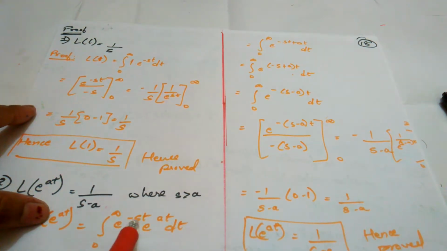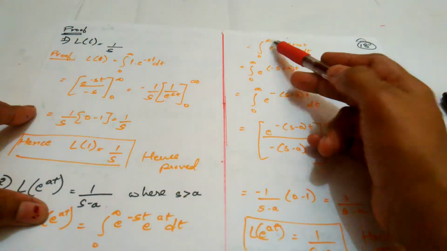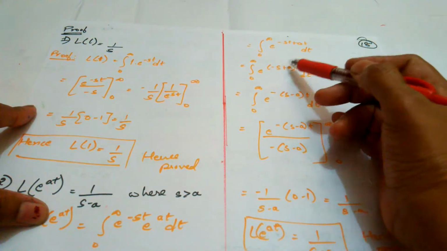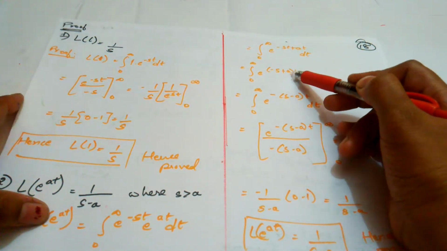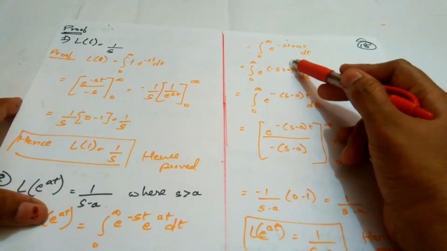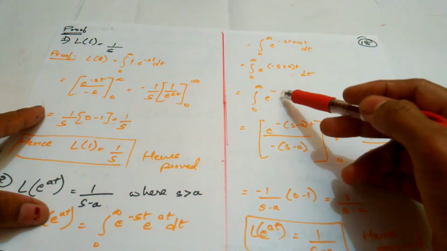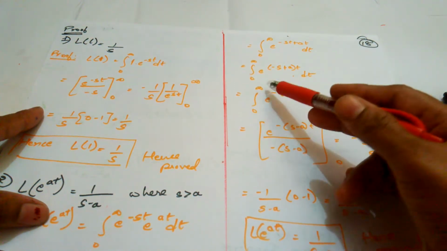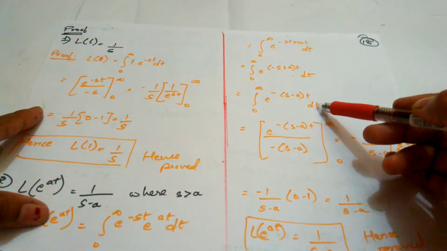So this comes out to be minus s plus a. See this next step, integral 0 to infinity e raised to minus st plus at dt. So t comes out common: integral 0 to infinity e raised to minus (s minus a) t dt, where we are taking the minus common from the bracket.